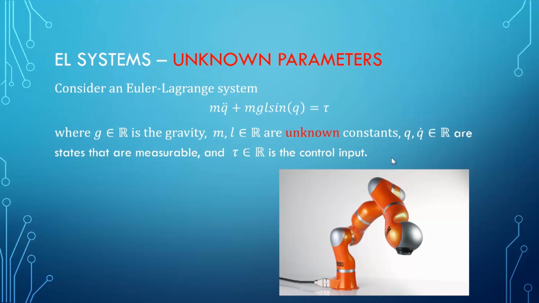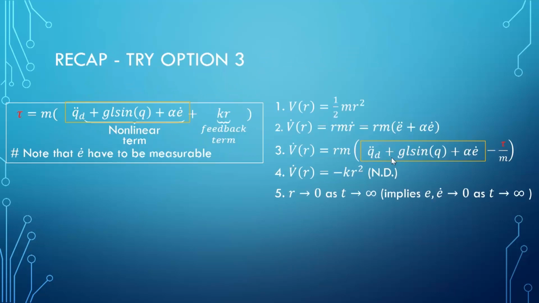This problem only assumes parameters are unknown, okay? But the signals are still available or measurable. So if these two parameters are unknown, how will you design the controller? Everything changes, right? If it's unknown, let's go back to this slide.